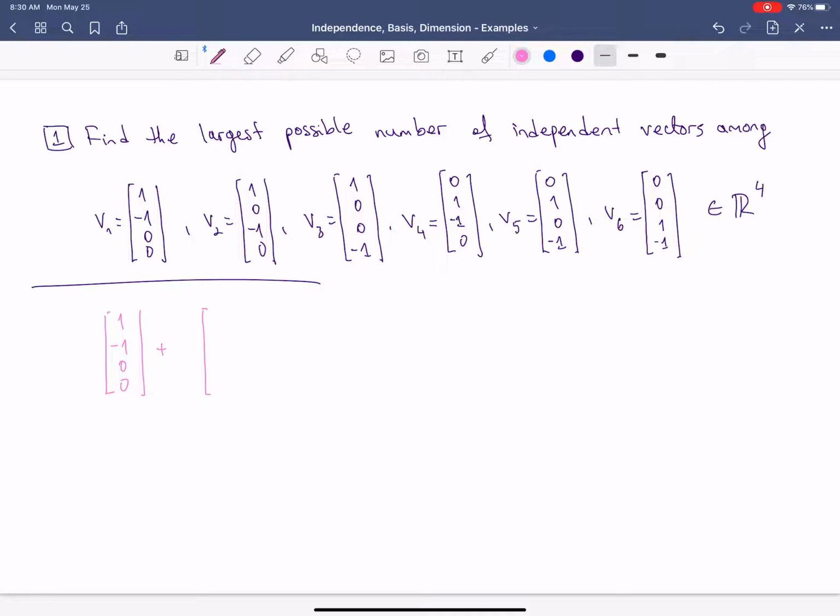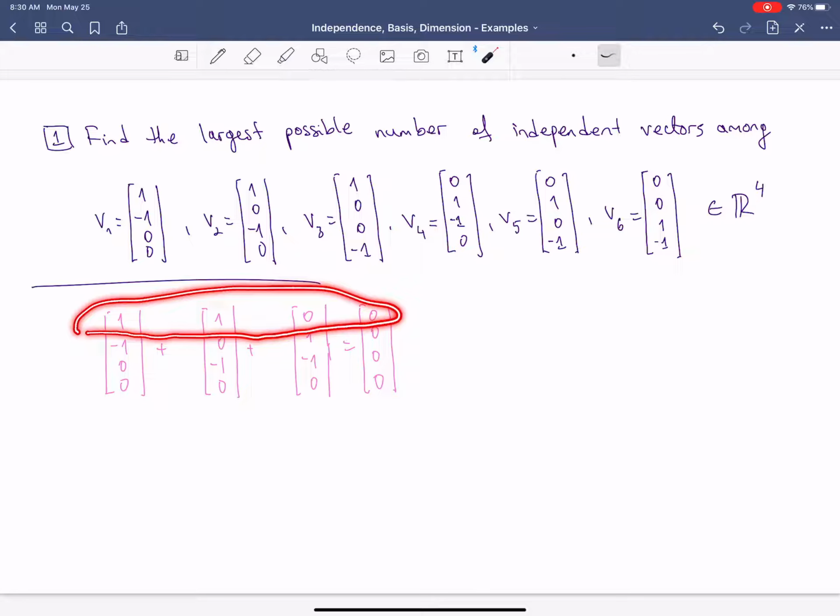So I might multiply them by something. Since everything is 1 and -1, I'm likely to multiply them by a 1 or -1 as well. Nothing more than that. And I want to combine these vectors to get 0. So the question is how to do it. Well, first of all, if you pay attention to the first row, the vector V4 has a 0, so it doesn't matter what I multiply by here, that's not going to change this 0.